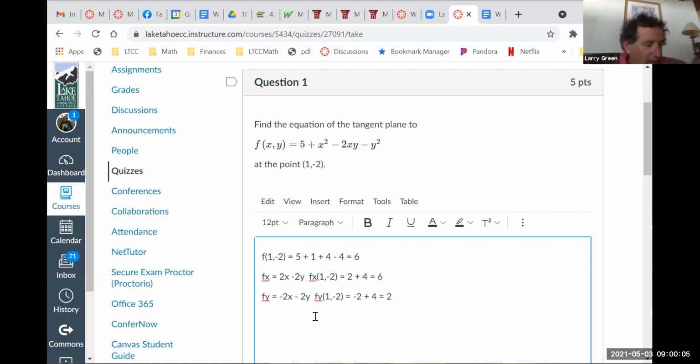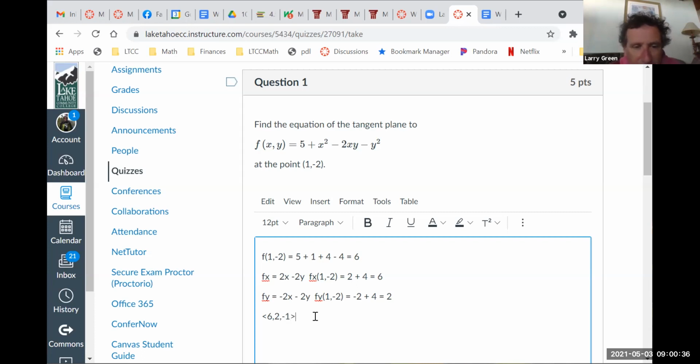Any questions on getting these key numbers? Okay, so now we're ready to work this out. What we can say is that if we want the equation of the plane, the normal vector, this is the way I like to remember it at least, the normal vector is f sub x, which is 6, comma, f sub y, which is 2, comma, negative 1.